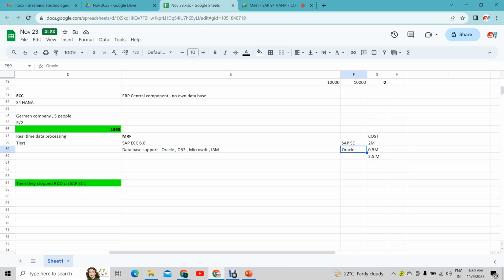It's a very big headache, and in terms of money also huge. They have to pay additionally for a database every month, every year. They have to do AMC renewals, annual maintenance contracts. So there is a lot of headache involved.